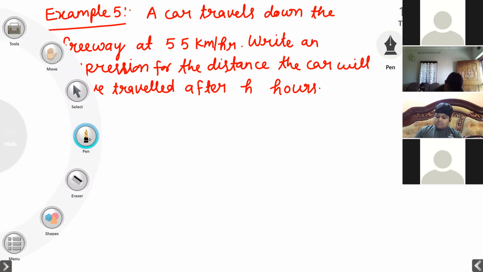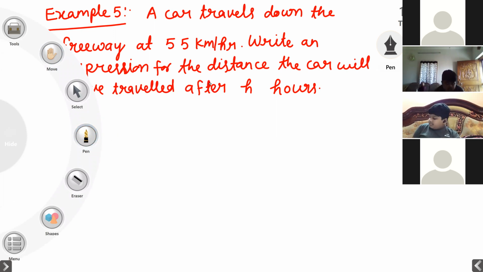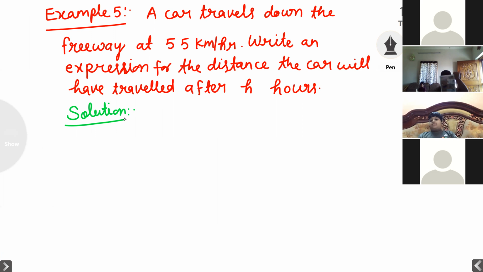It is only asking to write an expression, which means we have to write a statement. A car travels down the freeway at 55 kilometer per hour.